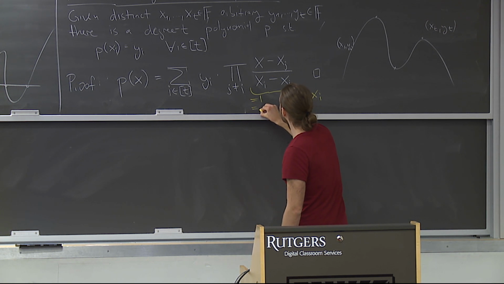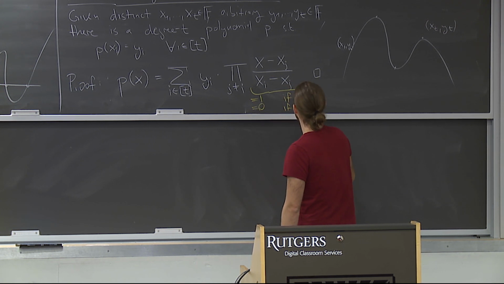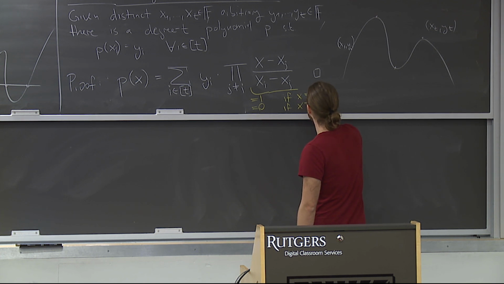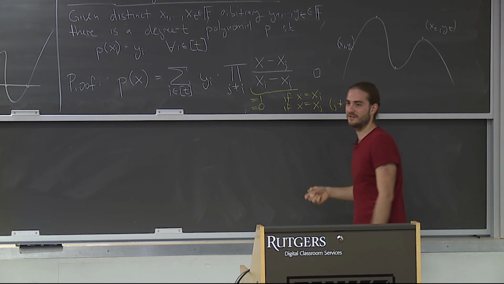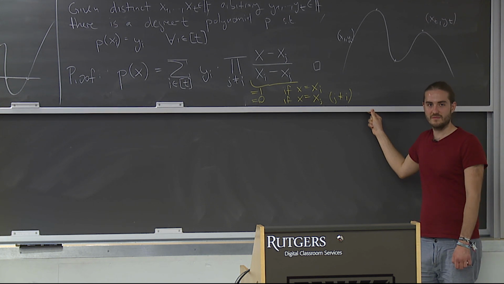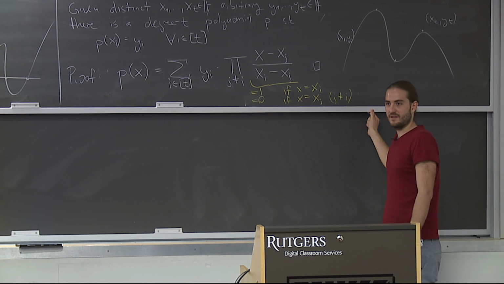Or this part is 0 if x is equal to some xj, which is not equal to i. Okay?